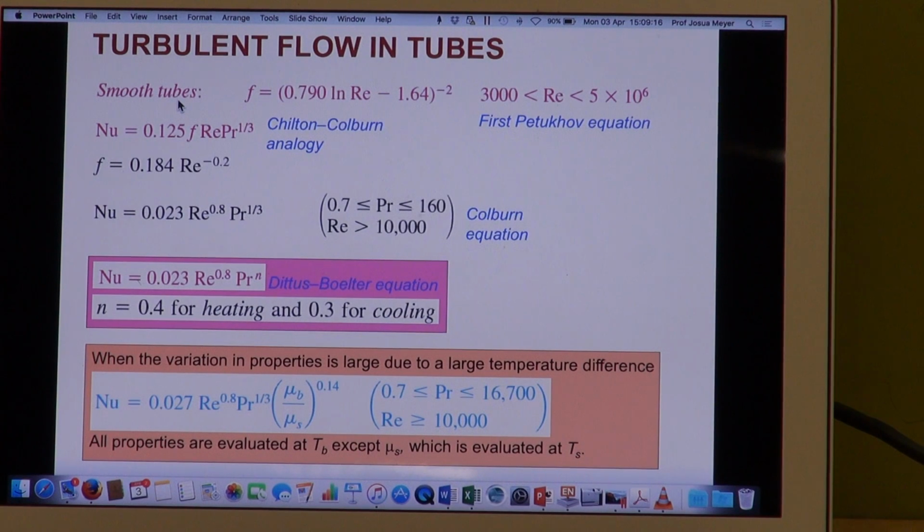It comes from your fluid mechanics. Then it gives the Nusselt number as equal to 0.125 multiplied by the friction factor multiplied by Reynolds Prandtl to the third. And that is called the Chilton-Colburn analogy. Why? Because it gives the analogy between the friction factor and heat transfer. That is where that equation comes from.